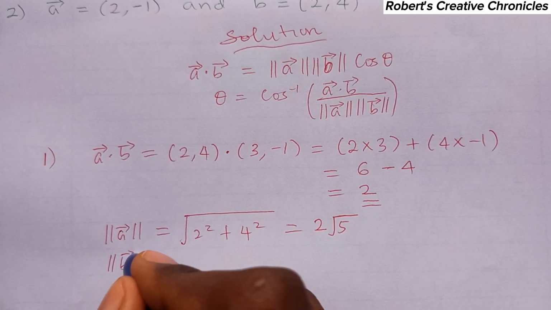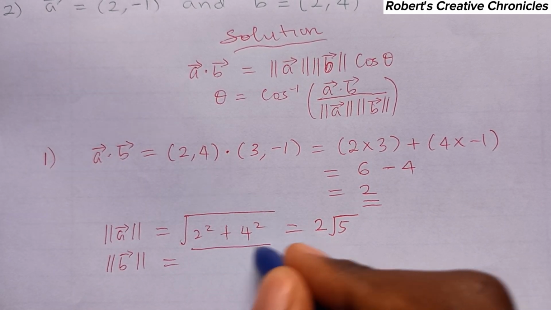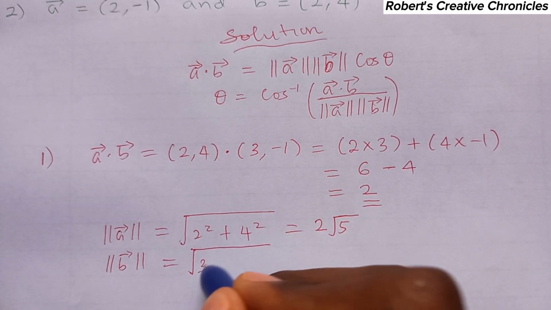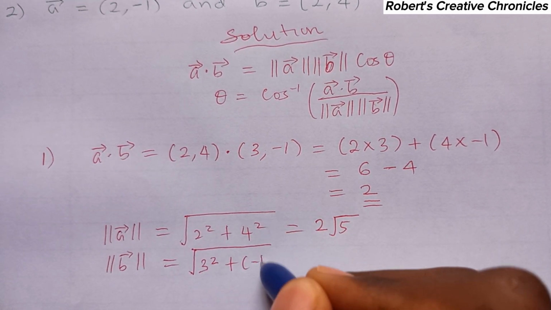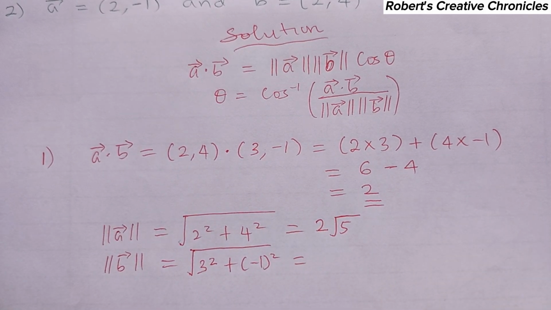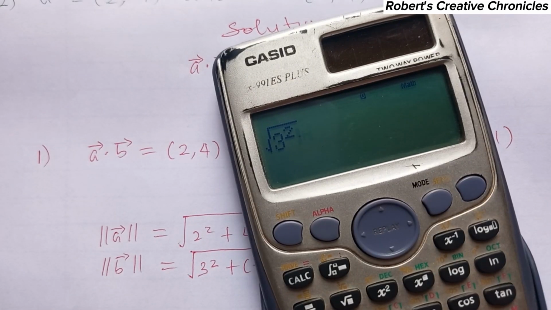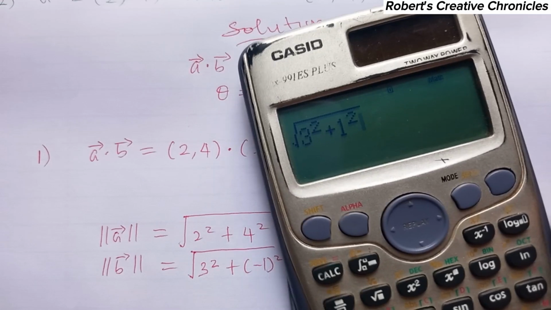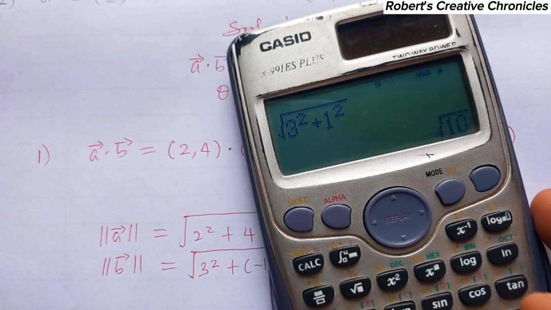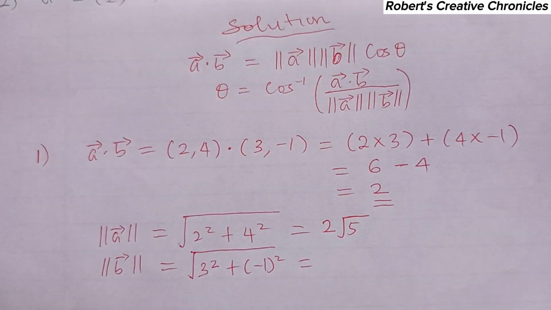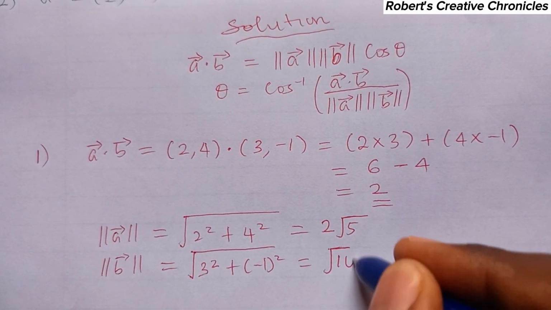Then the magnitude of the second one is 3 squared plus minus 1 squared. The same thing, it will be 3 squared plus 1 squared, because minus squared will be plus. So this is root of 10.